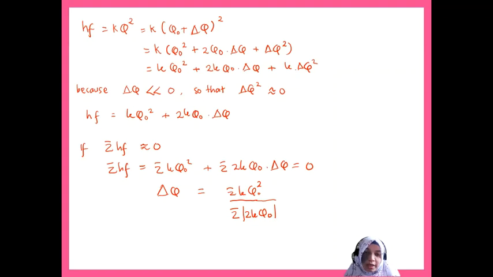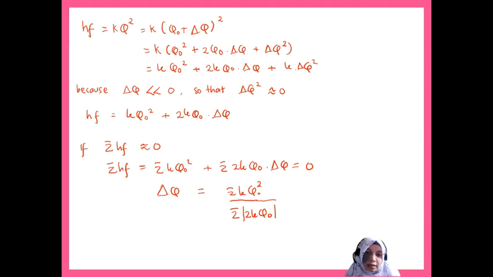So we can write HF equals K Q square plus 2 times K times QO times delta Q, because in the Hardy-Cross method, sigma HF equals 0.